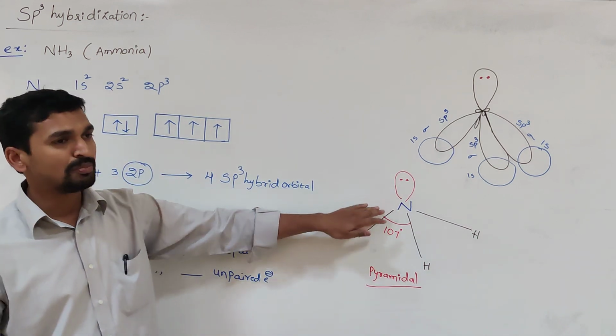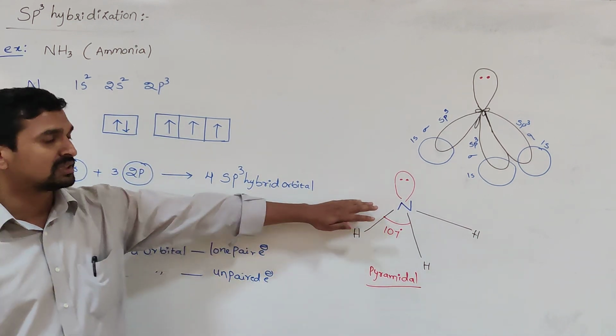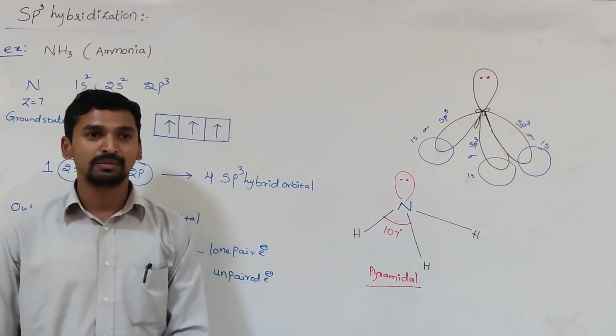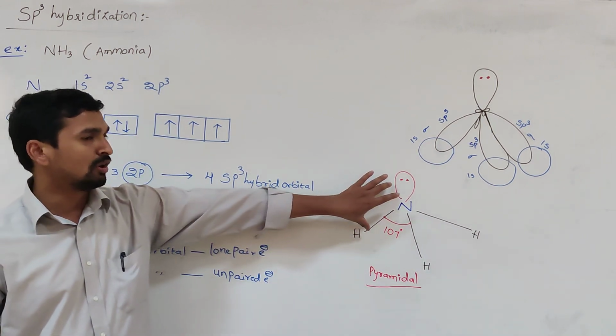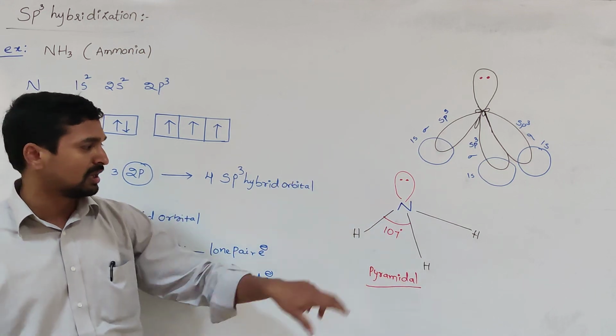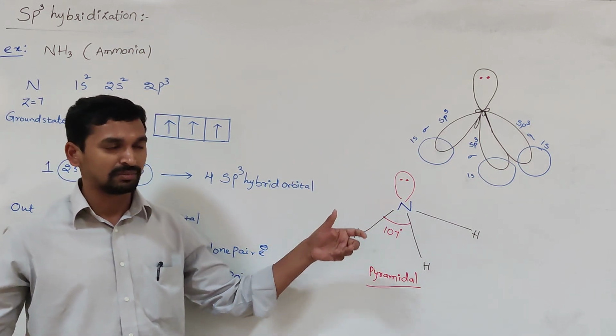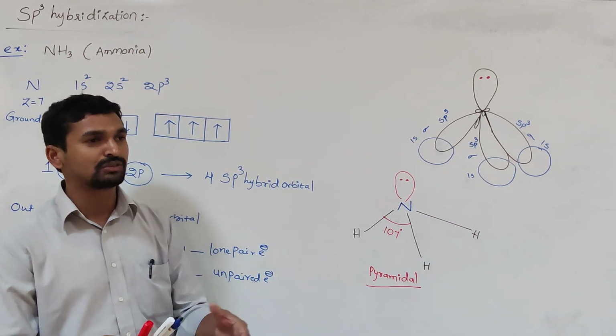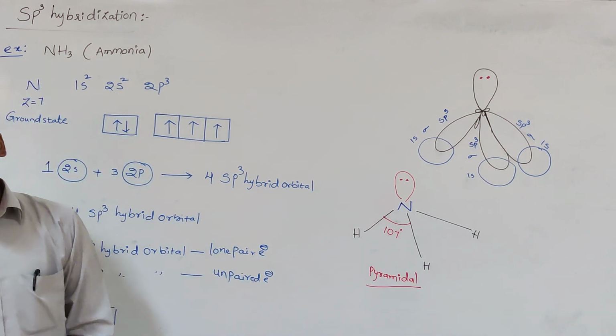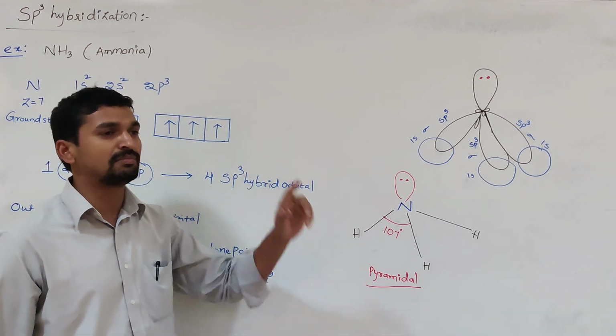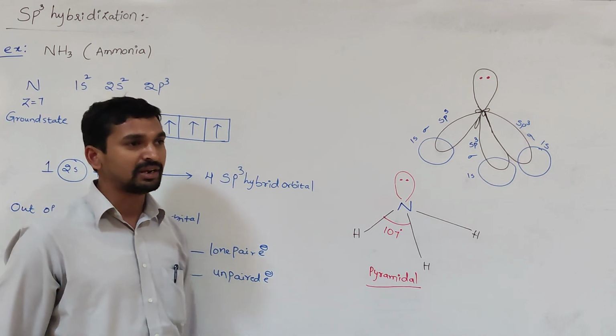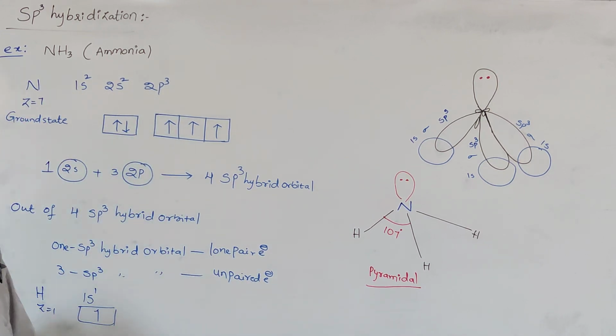We know lone pair-bond pair repulsions are stronger than bond pair-bond pair repulsions. That's why they push the bond pairs very close together, and the bond angle is reduced from 109.5 degrees to 107 degrees. This is another example for sp3 hybridization.